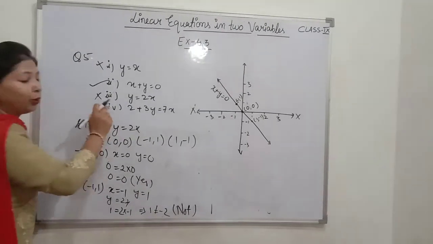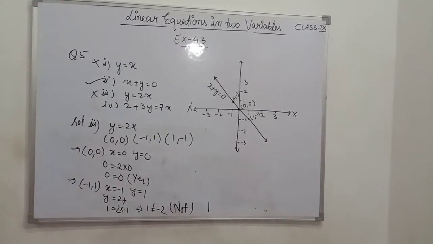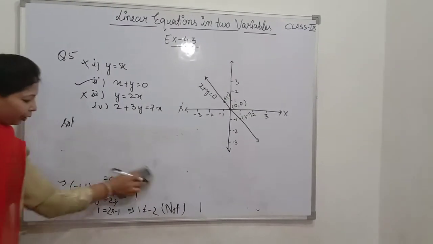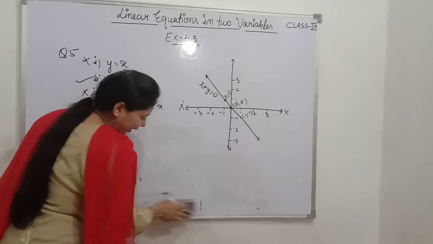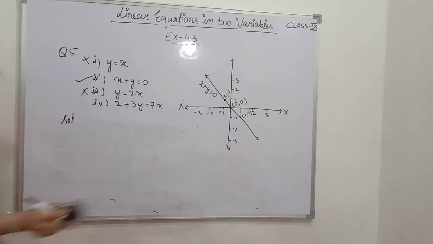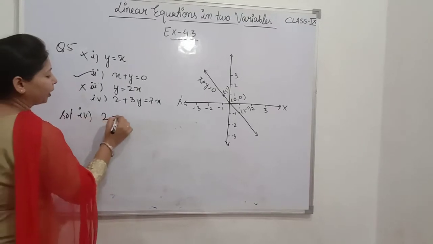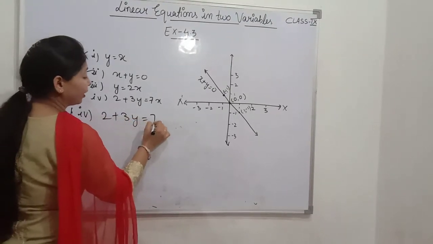So I immediately said that this graph does not belong to this equation. Now we are left with only the fourth part. Let us check this also. Hope this is clear to you, how we are checking these values. Now the fourth part is 2 plus 3y is equal to 7x.